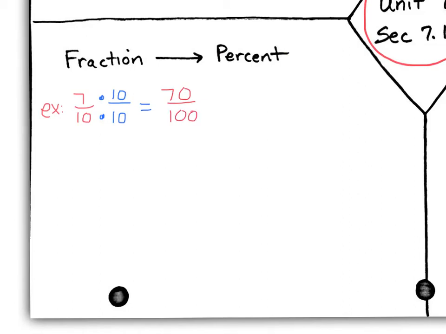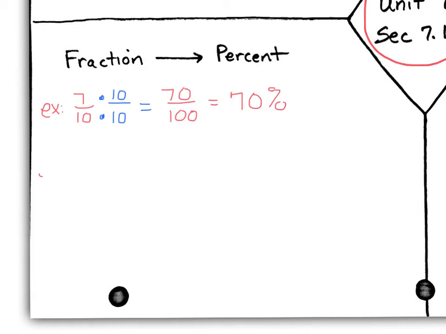Oh, out of 100. That's what percent means, out of 100. So 70 out of 100, 70%. Okay, so 7 out of 10. We changed the bottom to 100, so we had to change the top also. And once we know it's out of 100, we know that's percent. That is exactly what percent means.